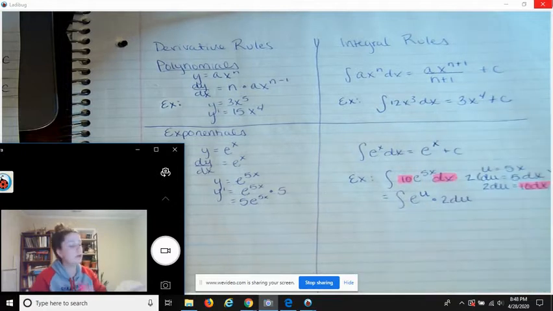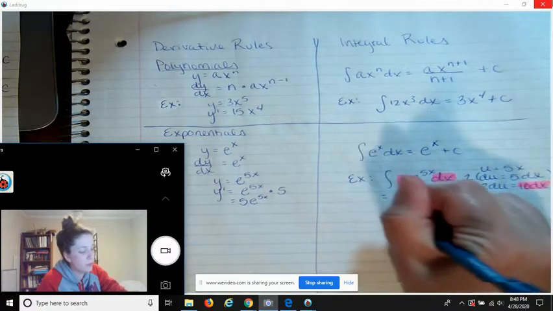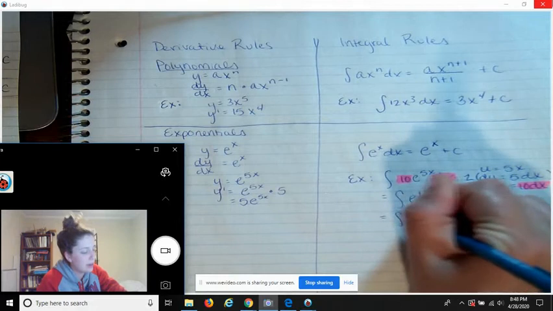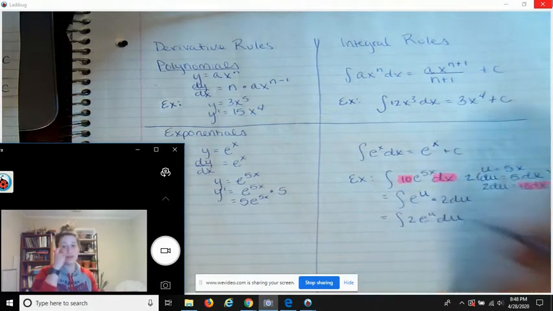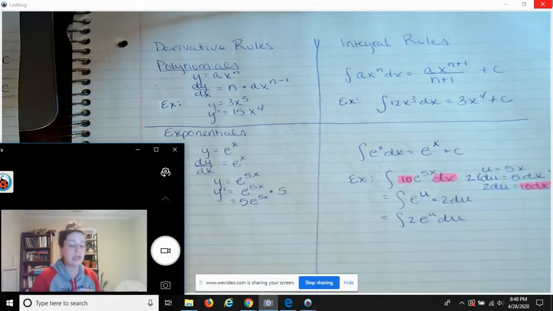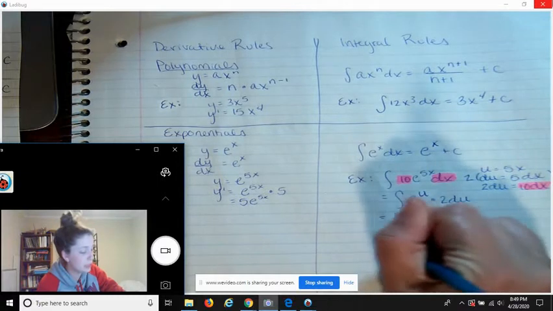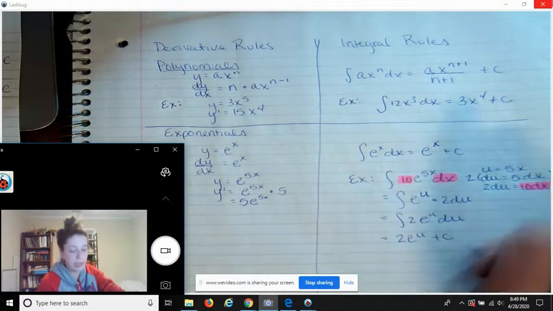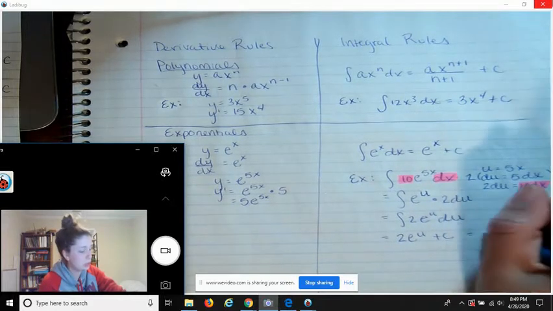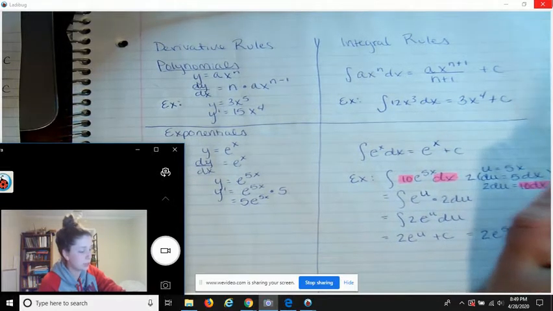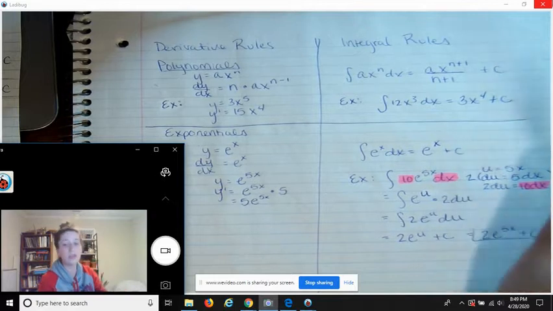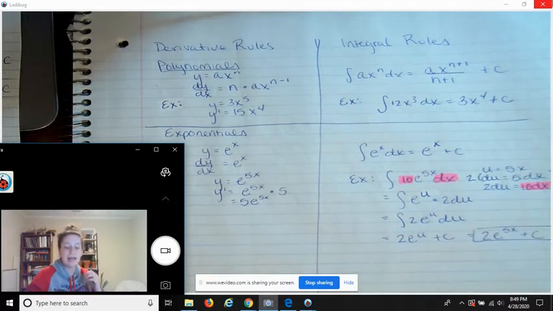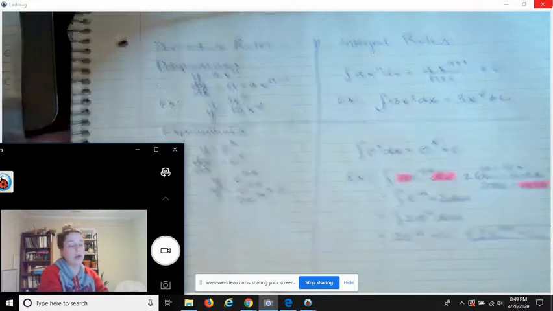Okay, and you can rewrite that if you would like so that the coefficient's up front, just because that's a little bit nicer. And when we integrate this, we get 2e to the u plus c. Okay, sub our u back in to get 2e to the 5x plus c. Final answer. Okay, and last but not least, we have our logarithms.